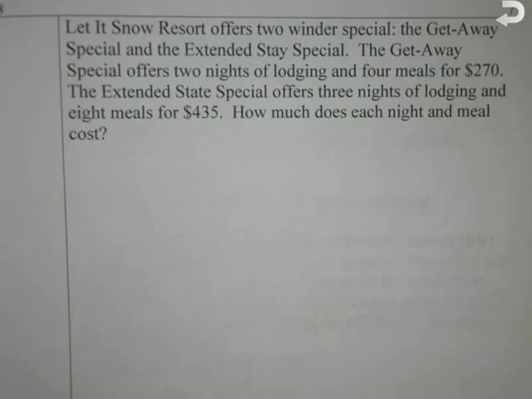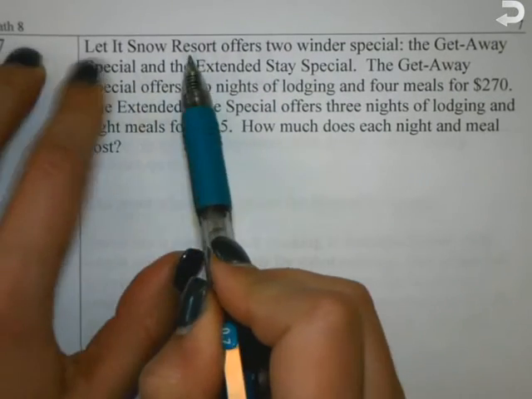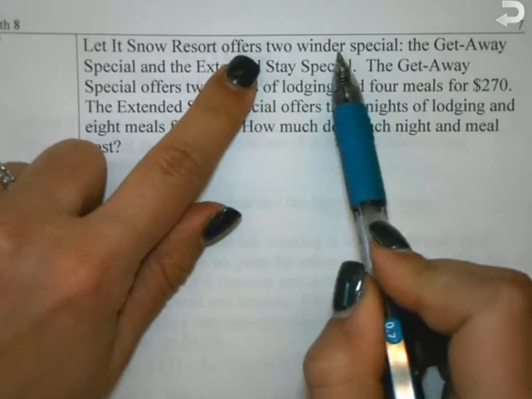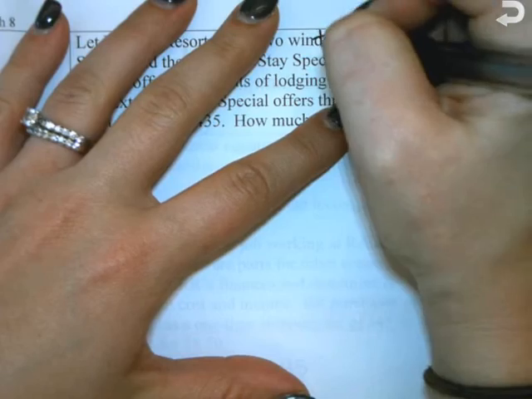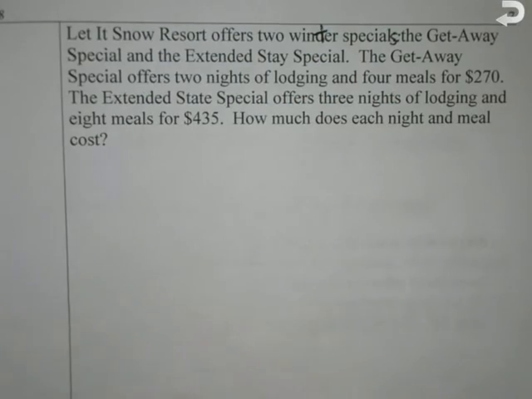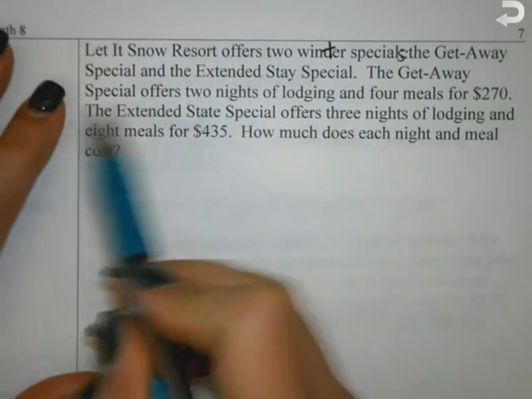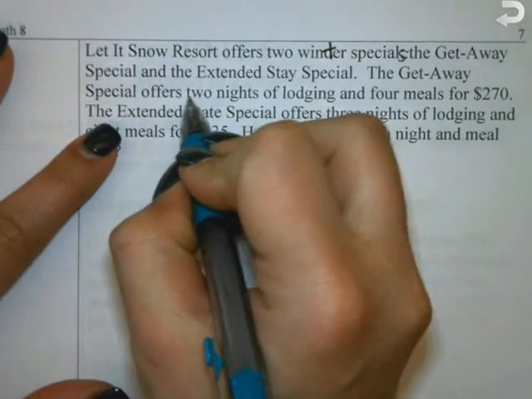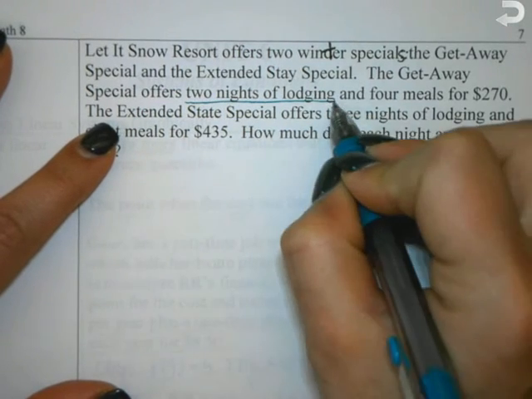Okay, guys, because it's winter, we're going to the ski resort. Really? Yeah. Let It Snow Ski Resort offers two winter specials, the Getaway Special and the Extended Stay Special. The Getaway Special offers, and here's what I want you to write down, 2 nights of lodging and 4 meals for $270.